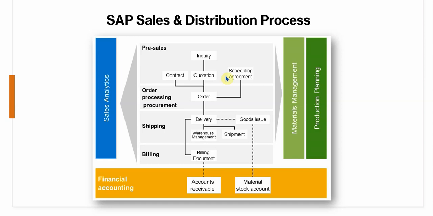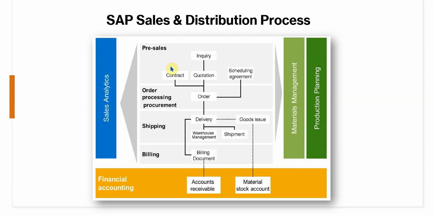So the process in SD in general and in S/4HANA, you can see the main components are pre-sales activities. You have your order processing, there's the shipping component, and then billing. If you look at pre-sales, you might have customer inquiries where you capture that in SAP.